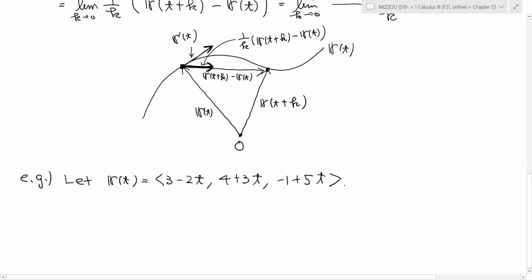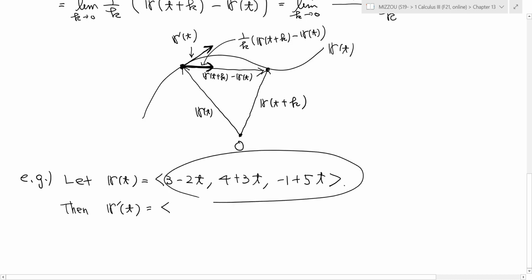All right, and then the derivative is you just differentiate component by component. So you differentiate this, and what you get is negative 2, 3, 5. That's the derivative. But what is this?